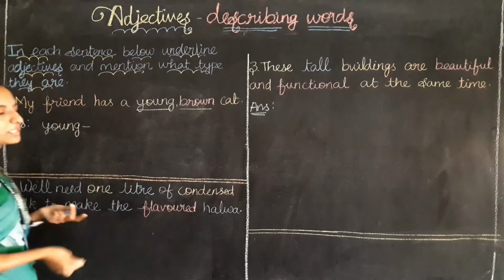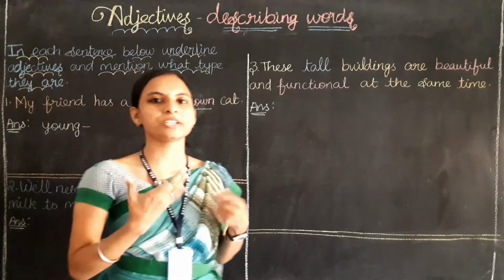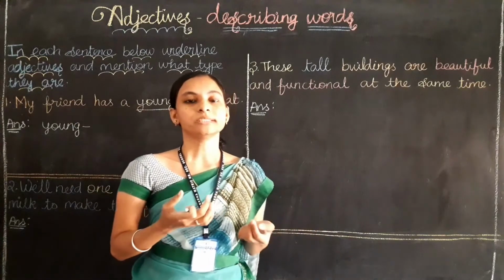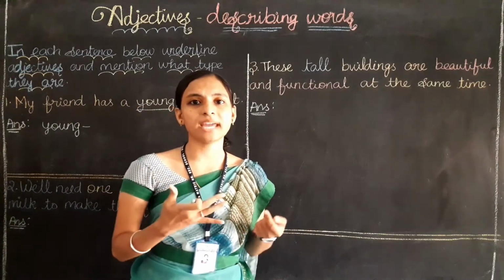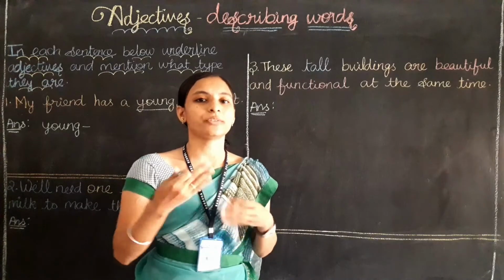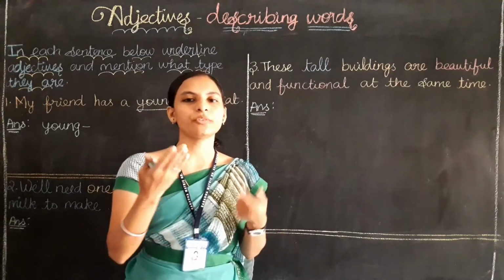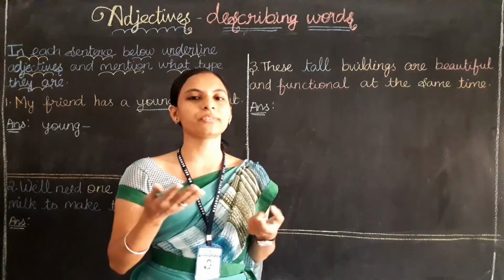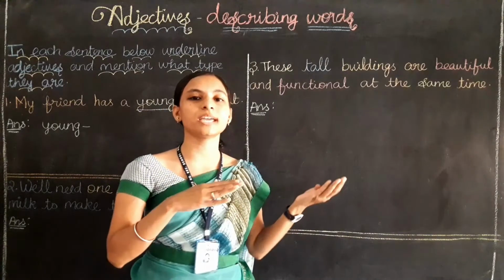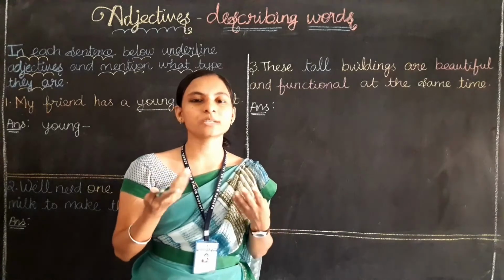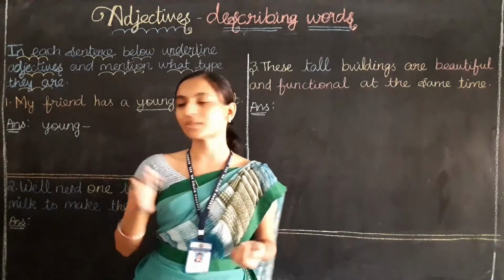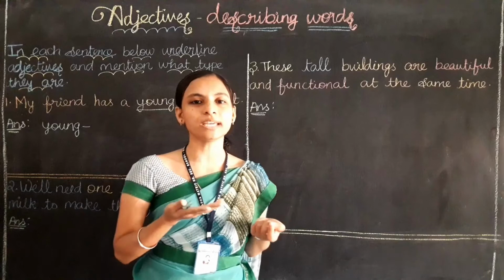Young means what, children? Young means what? It refers to what? Young, old. Yes, it refers to the age, right? If you have a small brother, we say younger brother, right? If you have reached 22 or 25, you are young. If you reach the age of 60, you will be called what? Old man or old woman. So here the word young refers to the age only.